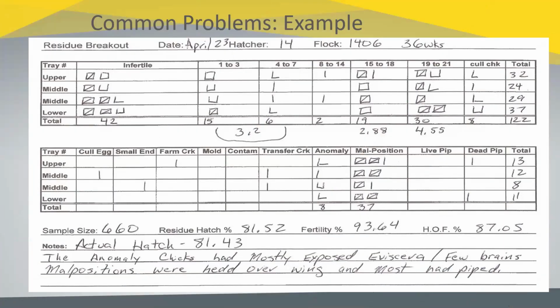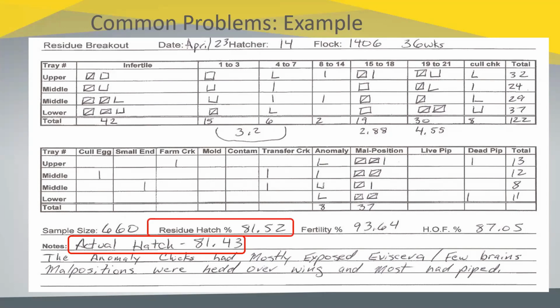So here's a sample sheet of a breakout, pretty recent, from April. The first thing I want to point out, down here in my notes section, is that the actual hatch from this flock, because I asked for it and we documented it, was 81.43.